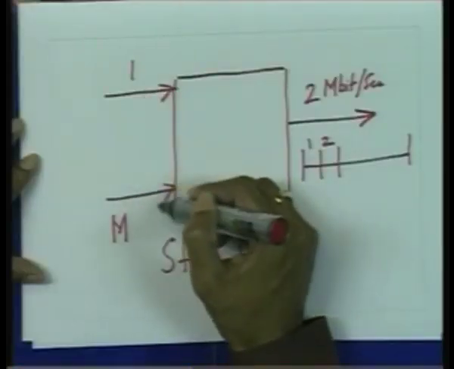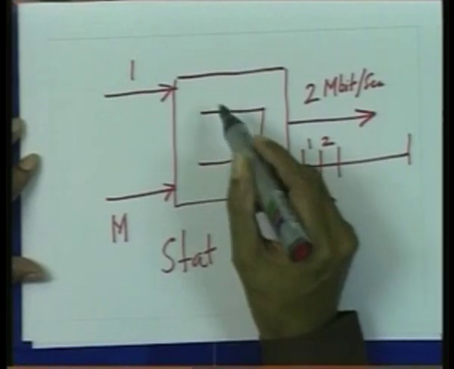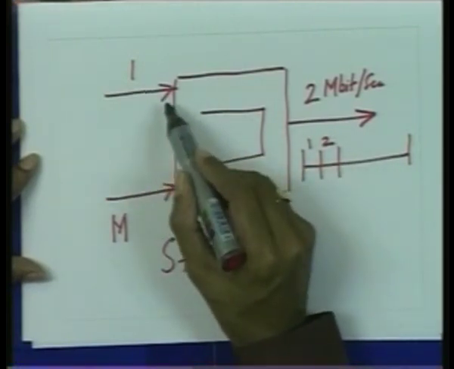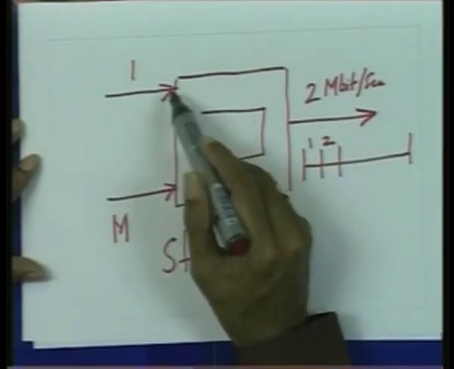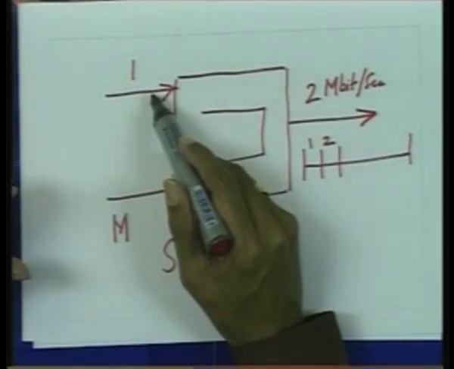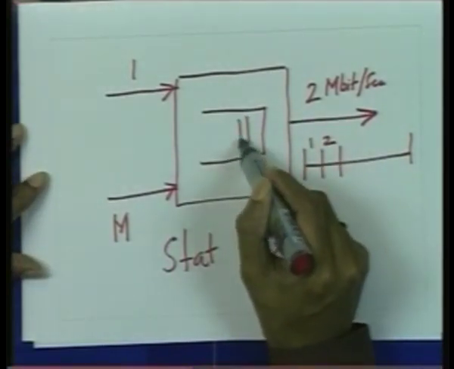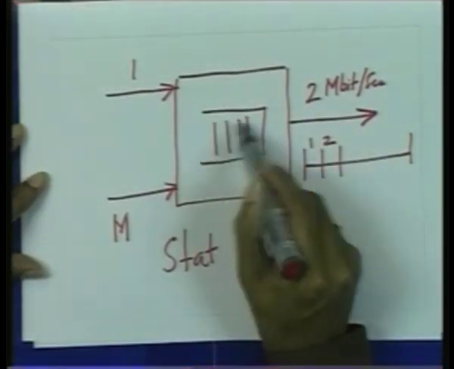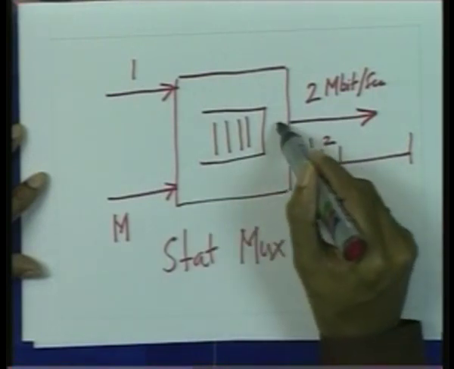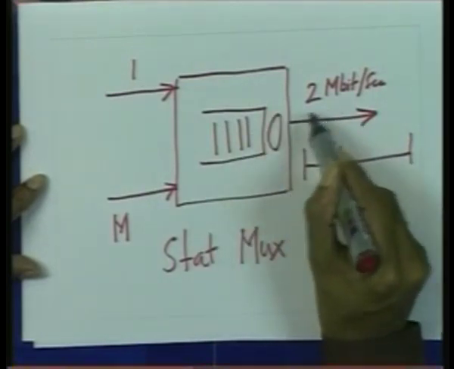Now, what we'll see in the statistical multiplexer is that, let us say that there is a buffer. Each user transmits his bits in a particular format which we call packets, and these packets come and get queued in this buffer. There will be a scheduler who schedules these packets onto the output link.